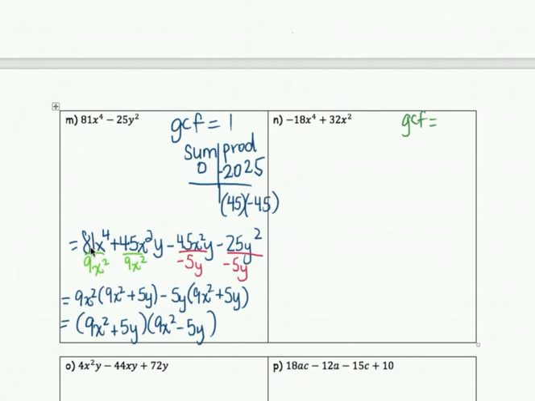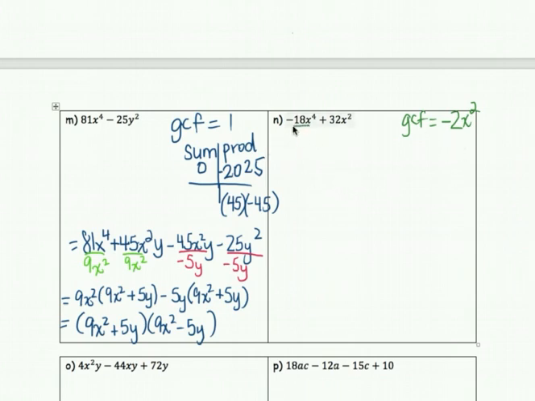So here it wasn't negative, so we just went through and divided by positive 9. Here it was a negative 45, so that's why we divided by a negative number, negative 5 here, okay? So in this case here, same thing, we just got to get rid of that negative. So I know I got to divide a negative out, and then 18 and 32, so 2, okay? Greatest common factor there, and then with the letters they can both divide out an x squared. Okay, so that negative is important.